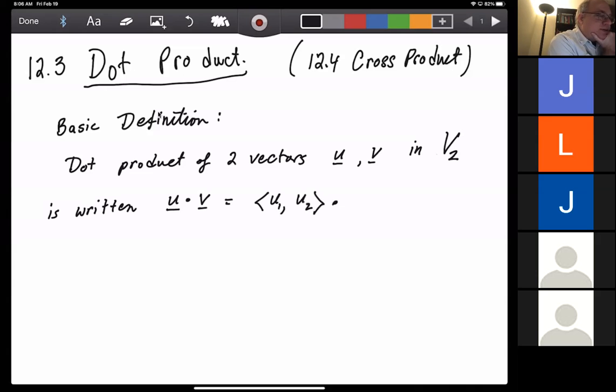The way we define this is we multiply the corresponding components together: u1 times v1, the first components, and then u2 times v2, the second components, and then we just add all of those results up. So that's the basic definition for the dot product of two vectors in two-dimensional vector space.